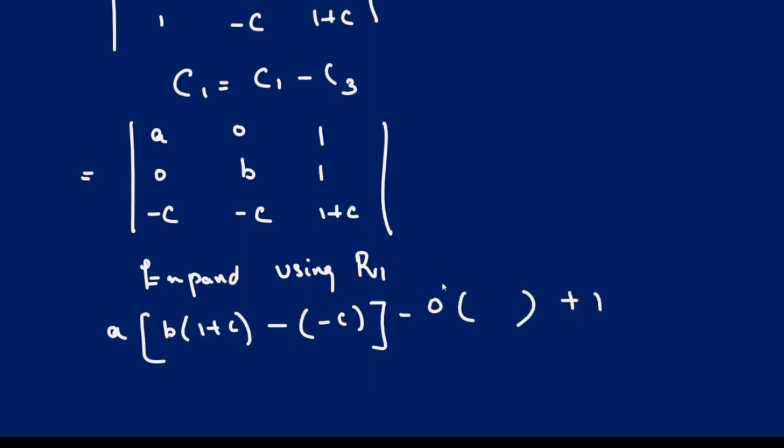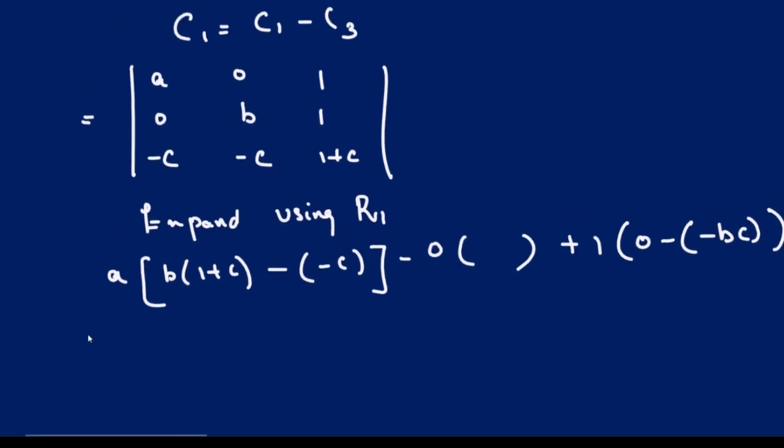Plus 1. You know the sign, plus minus plus. Plus 1 into its cofactor. This is 0, 0 minus of, then you multiply this. So just put the minus sign, put the brackets properly: 0 minus of minus BC. Now you multiply this.